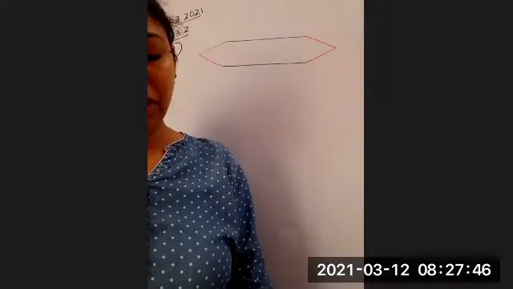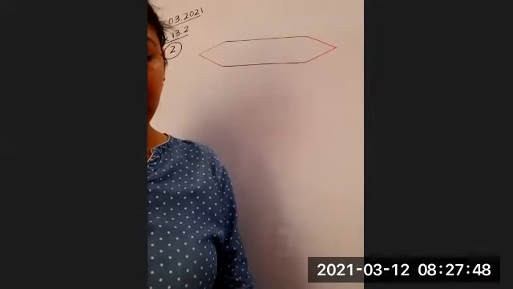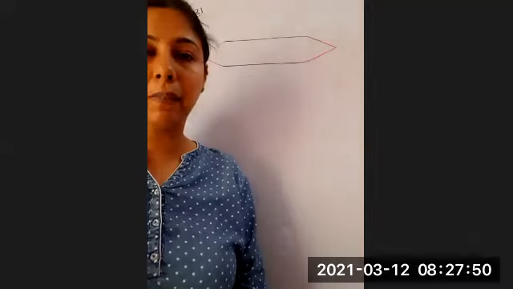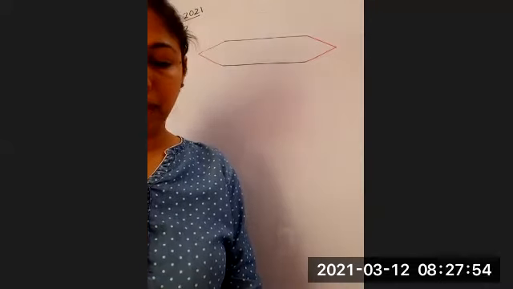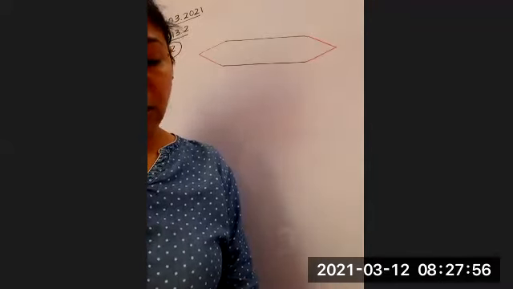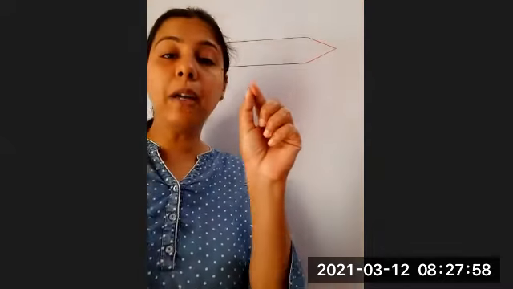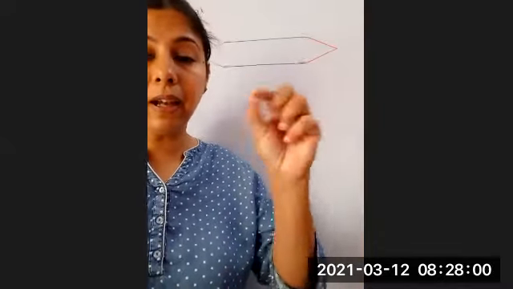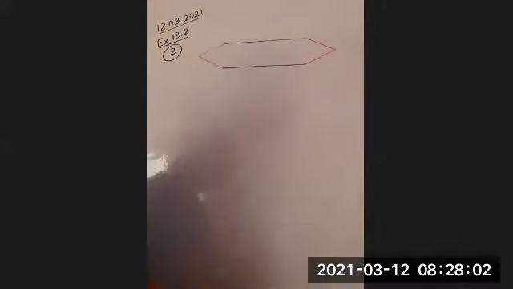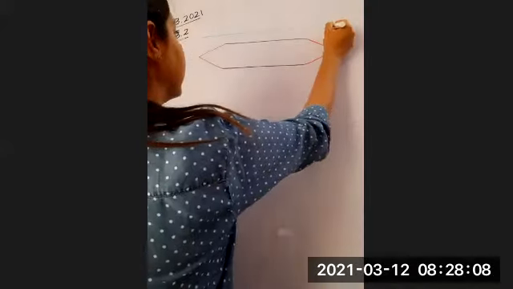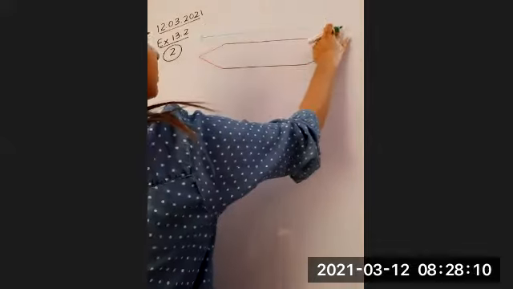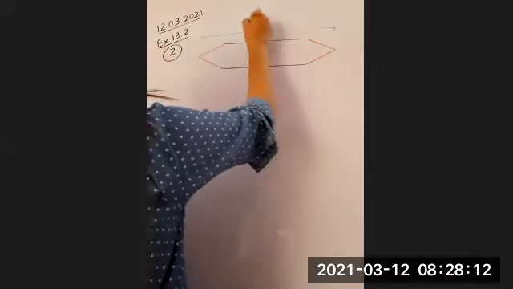The diameter of the model is 3 centimeter and its length is 12 centimeter. The word length is used here for the model. So that means the total length of the model from here till here is 12 centimeter.